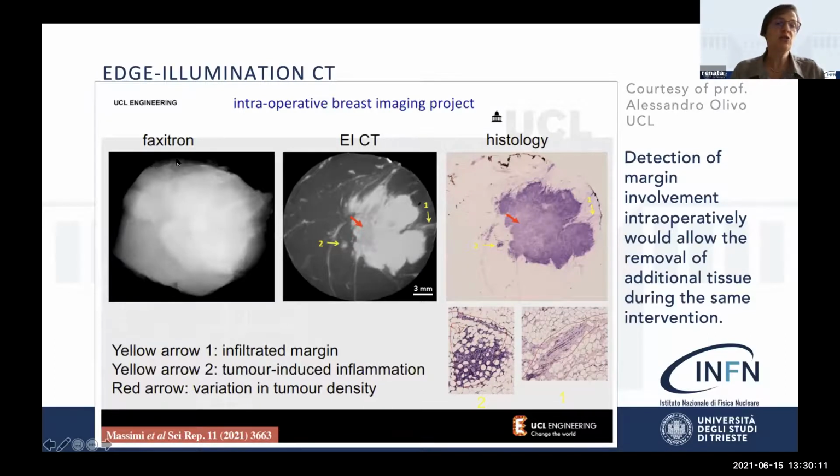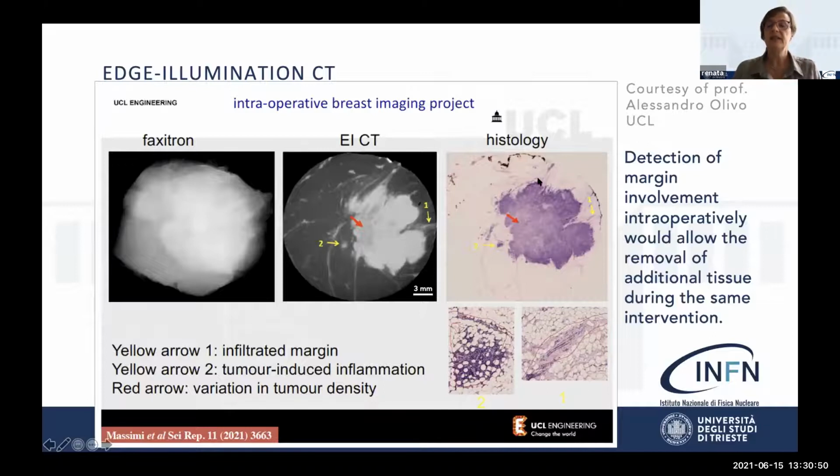Nowadays, what it is possible to do is to perform the radiography of the tissues. In this study they used the Faxitron, which is a commercial system, and this is a planar radiography. And this is what it is possible to do nowadays during the intervention. After the intervention, obviously, we have the histology, and we have to wait for the histology in order to be sure that the removed tissue contains the full cancer, including the whole infiltrated margins.